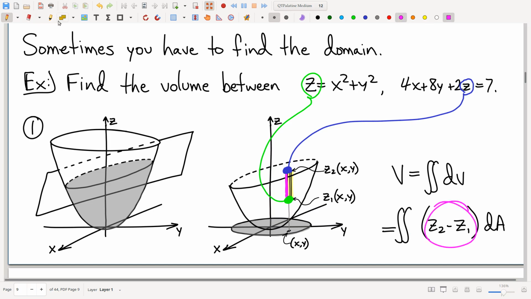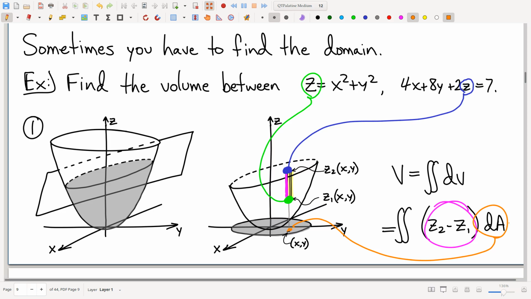And then for each one of these little French fries, there's going to be a corresponding area down here in the shadow, and that is dA. So now I still haven't talked about the domain, but I am just making the observation that the total volume is the sum of these individual volumes. These individual volumes are height times the area of the base. Is that cool so far?